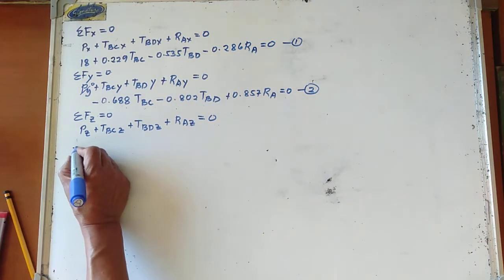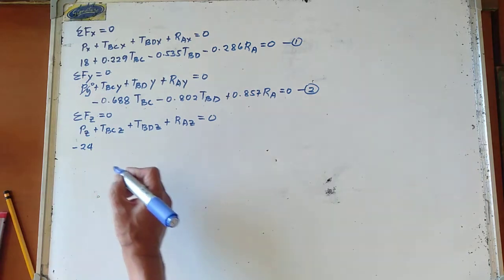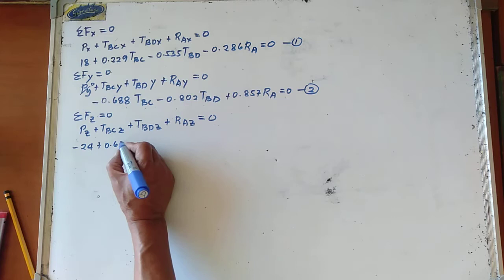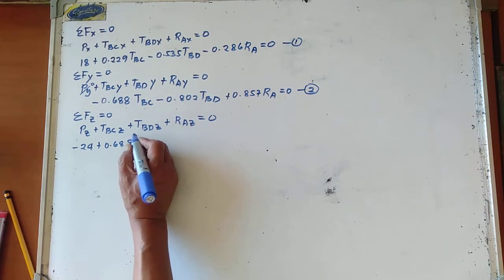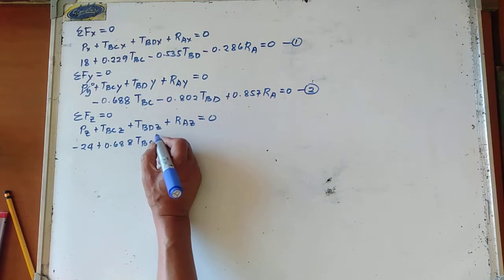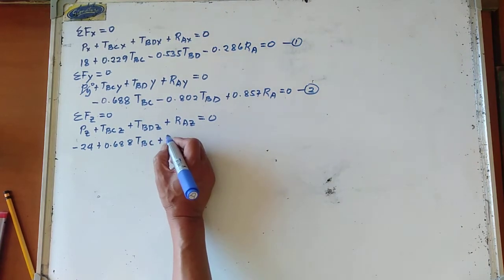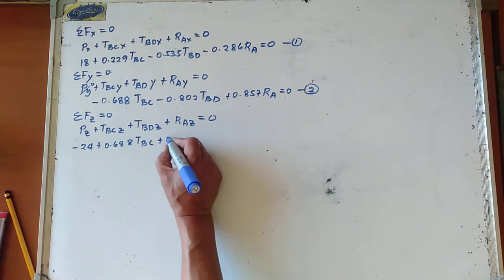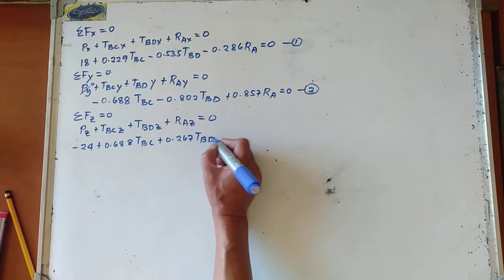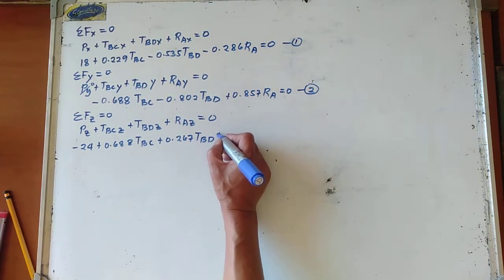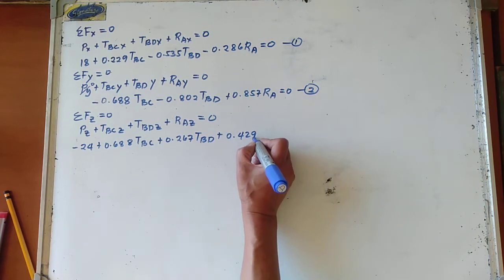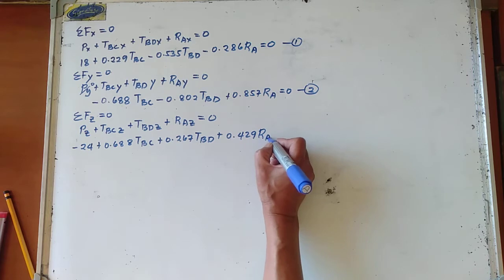So your PZ is minus 24 plus 0.688 TBC plus 0.267 TBD plus 0.429 RA.